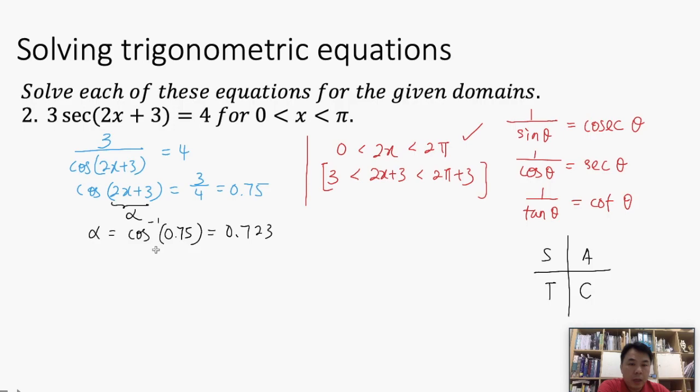From here I can conclude my 2x plus 3 should be equal to 0.723 here, or it could be 2 pi minus 0.723 because it falls in the 4th quadrant here.